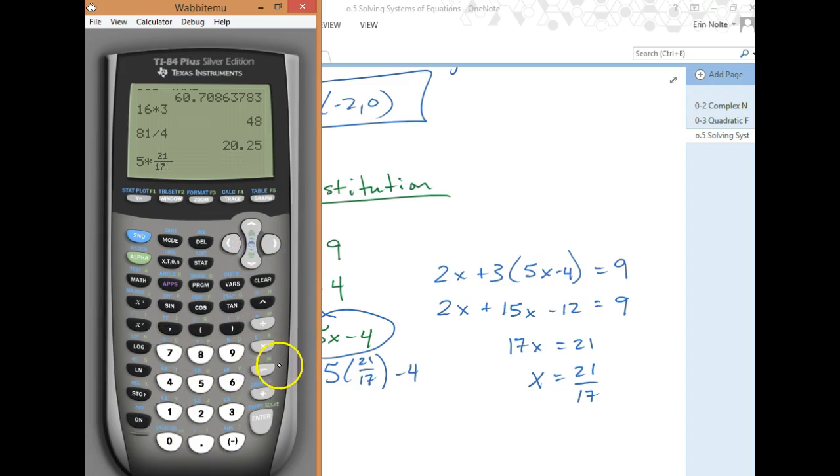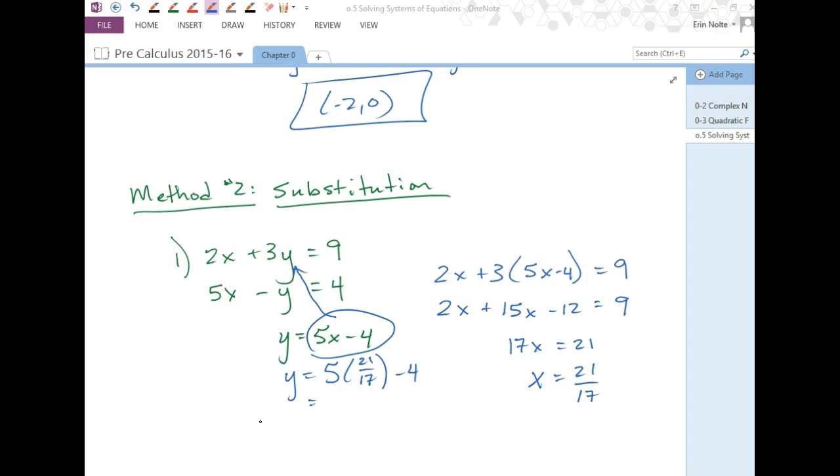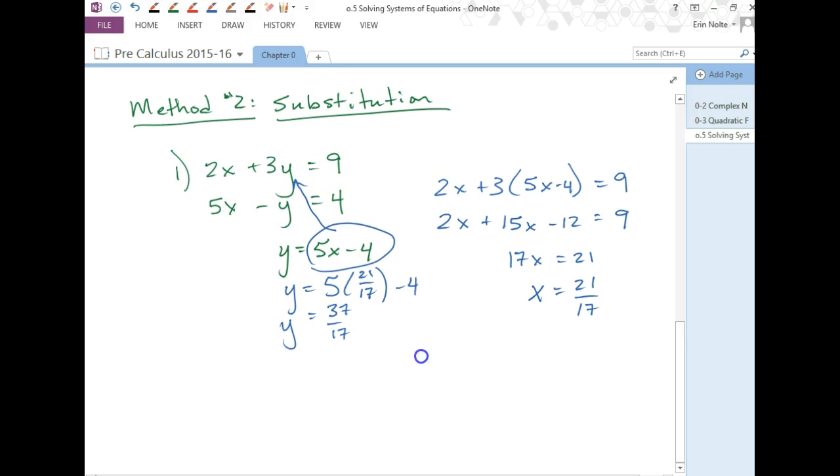Mine didn't turn into a fraction. Then hit math fraction. 37/17. So when I write my answer, I want to make sure that I write it as an ordered pair. So I would write it as 21/17 and 37/17.